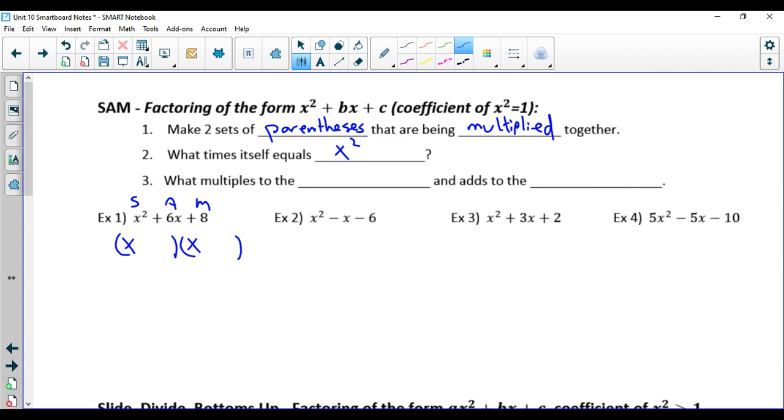And then we're saying what multiplies to the last term and adds to the middle term. That's why we have the A and the M where they are. So multiplies to 8 and adds to 6: 2 and 4, and they both have to be positive. 2 times 4 is positive 8, 2 plus 4 is positive 6.